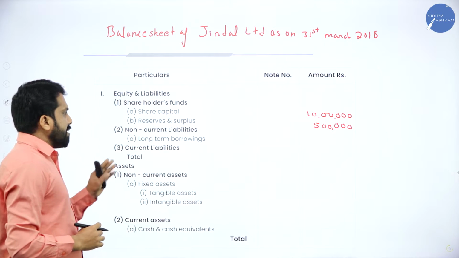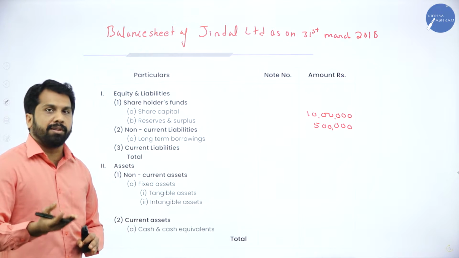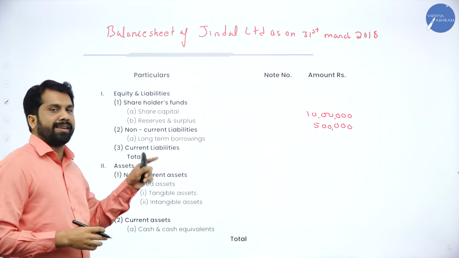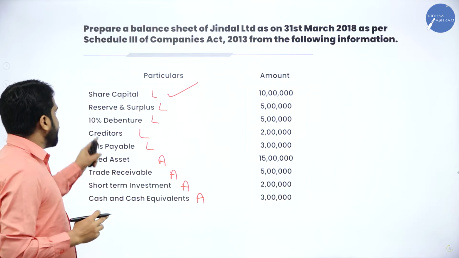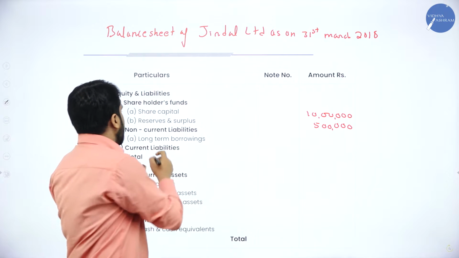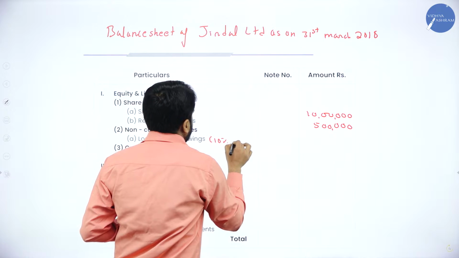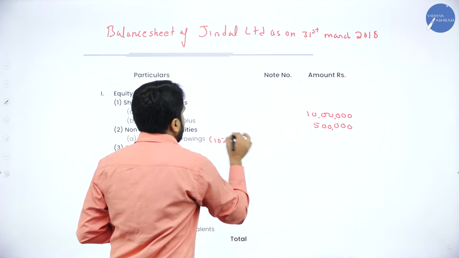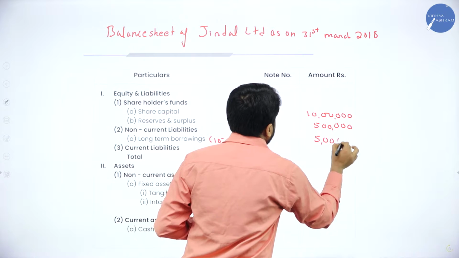Non-current liability, as I told you, if you have debentures, long-term loans comes under non-current liability. Now, in this problem, you have only one, that is 10% debenture, that is 5 lakh. So non-current liability in this, 10% debenture, how much it is? 5 lakh.